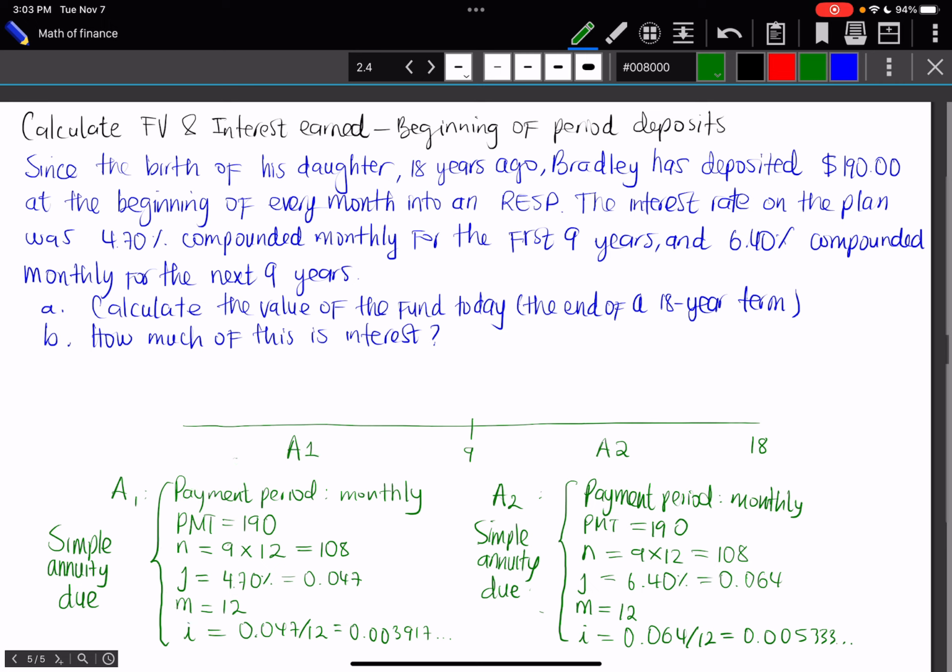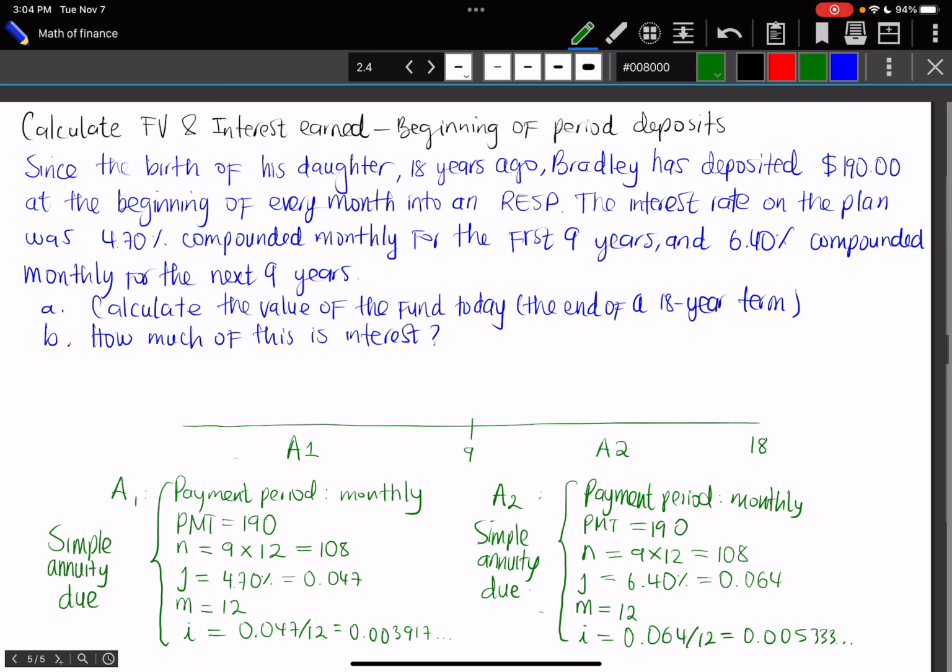Now, the first annuity is a simple annuity due, as we said. And there are certain formulas that apply when we work with a simple annuity due.